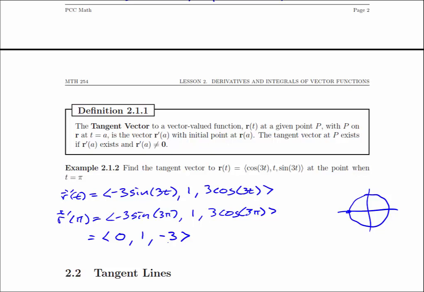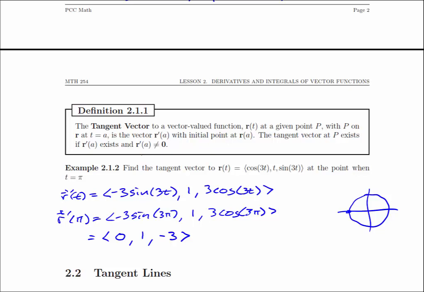Now let's keep in mind from this definition here that a tangent vector exists at a specific point so long as the derivative isn't 0 and that the derivative exists. So the fact that the derivative needs to exist is kind of apparent. Like the derivative wouldn't exist if we had a sharp point or some sort of asymptotic behavior in our space curve.